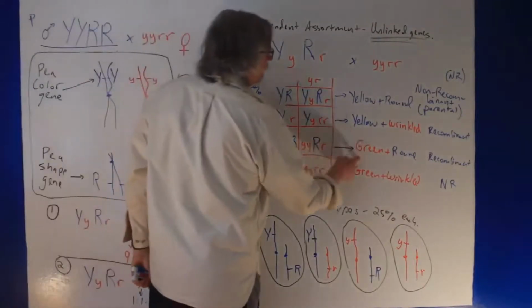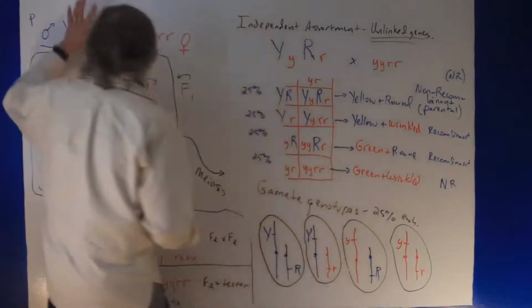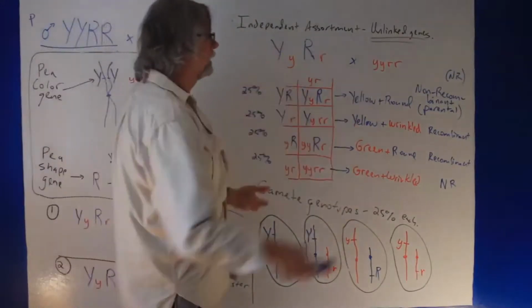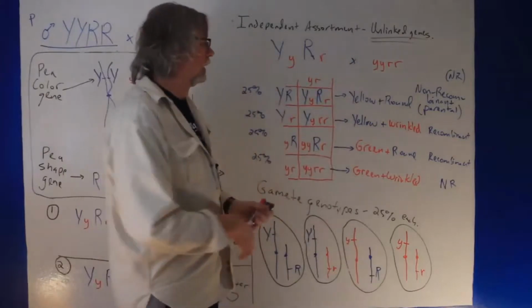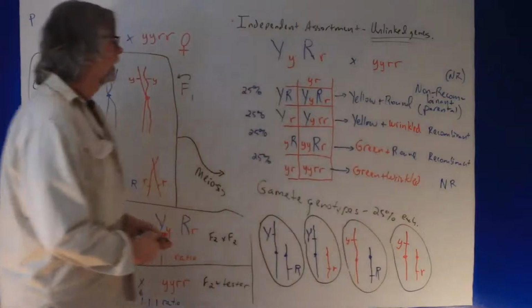These two, however, are recombinant phenotypes. They're not seen in the parental generation. They're new combinations, recombinant. So yellow and wrinkled, green and round. Okay?